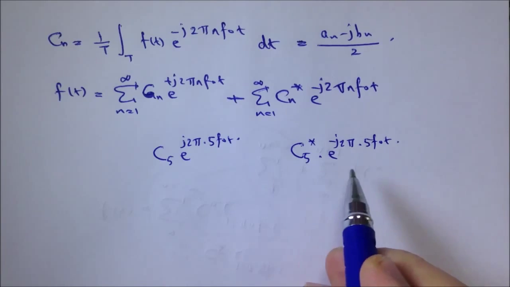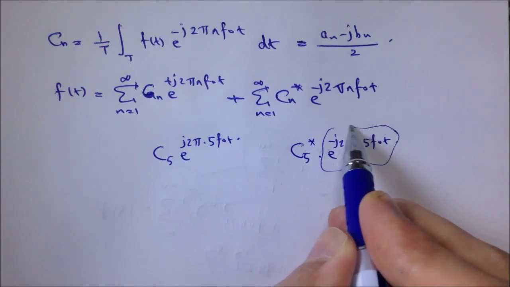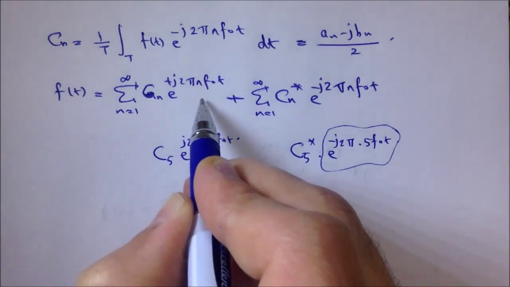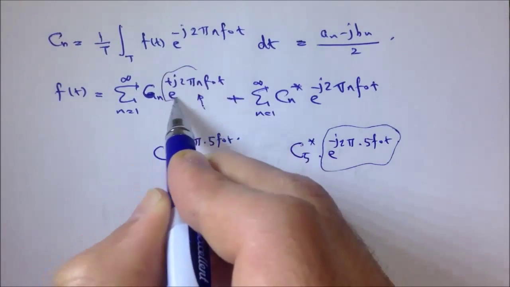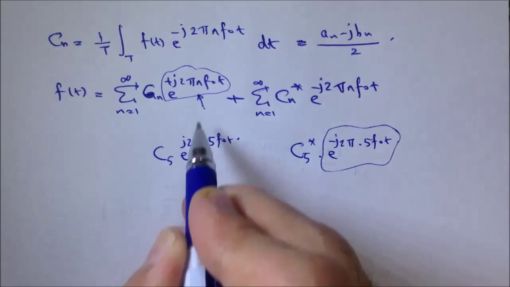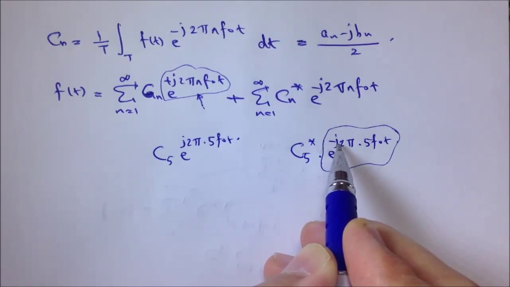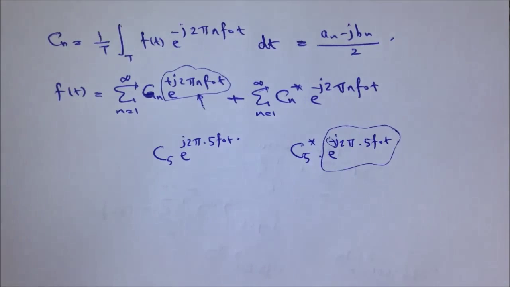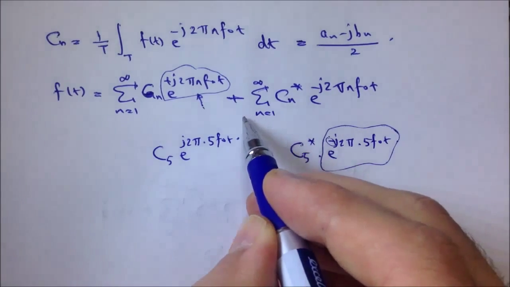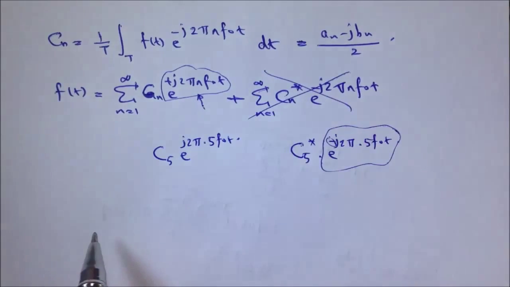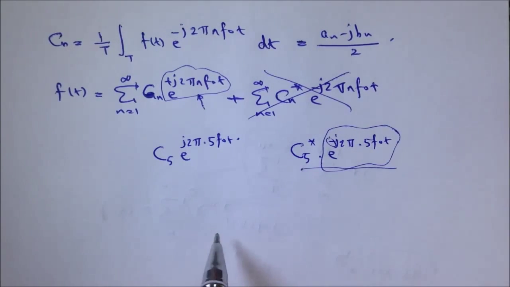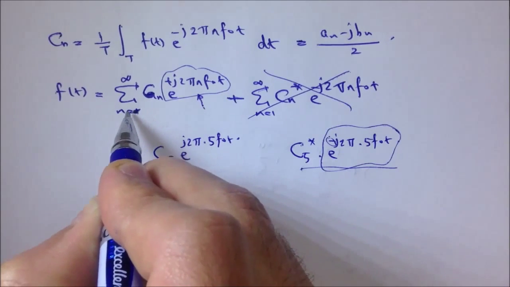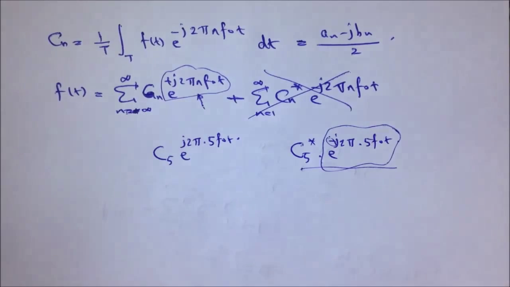Now you can see that you can get this complex exponential just by substituting n equals minus 5 in this complex exponential. So if n equals minus 5, you get e to the minus j 2 pi times 5 f naught t. You get this sign. This means that we can get rid of this summation and substitute these terms just by extending the range of this summation from minus infinity to plus infinity.